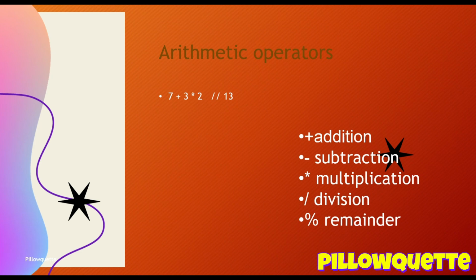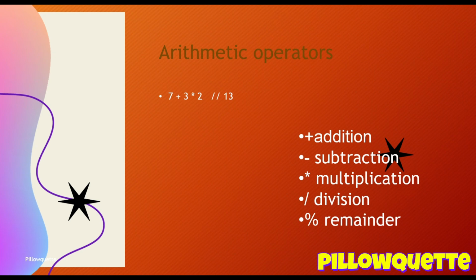So we have to say 3 times 2, which is 6, because that's the first one in the BODMAS. And then there is A, which is addition. Then we have to say 7 plus 6, which is going to give us 13. Now, we need to follow this order to be able to execute arithmetic operations in C#. So the result for this is 13.